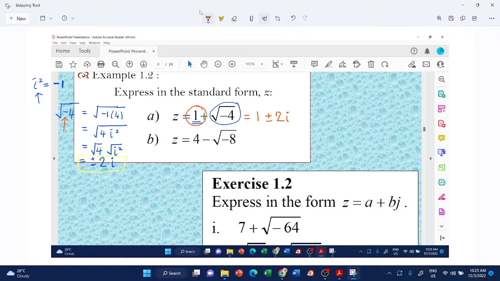Boleh. Okay, so kita try yang B pula. Okay, B. So B kita buat untuk square root negatif 8. Square root negatif 8. Okay. So kita akan ada square root 8 I squared. Okay. Vishnu nampak tak how madam transform this two?